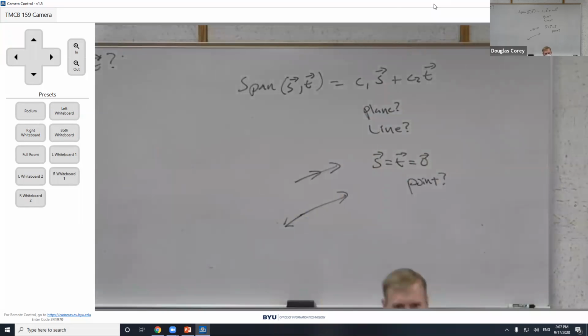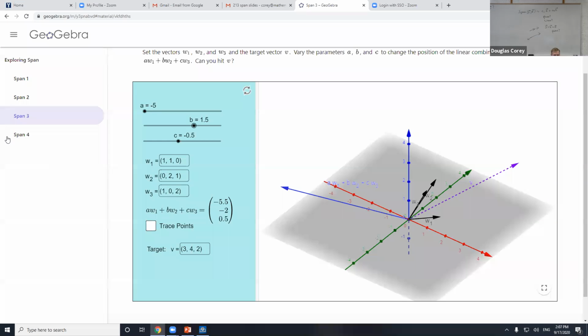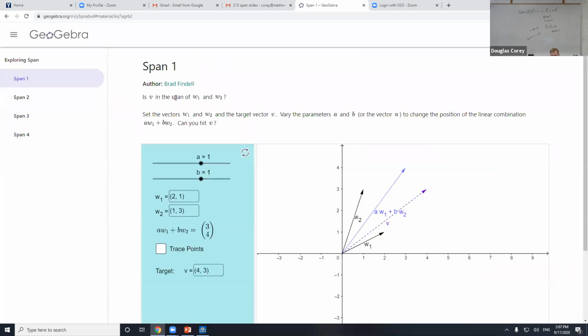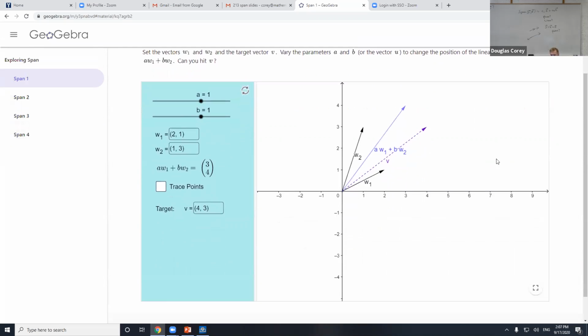I'm just going to pull up a little website application for us. Okay. All right, here's, hope everyone can see this. Here we have two vectors, these black vectors, W1 and W2. I can change A and B, and that tells me how much of W1 and W2 I get.